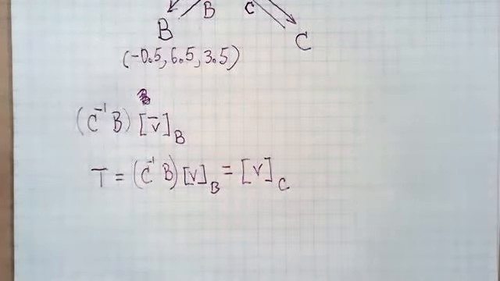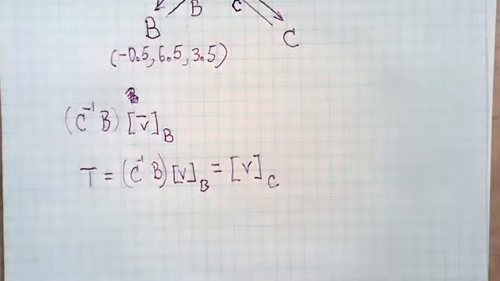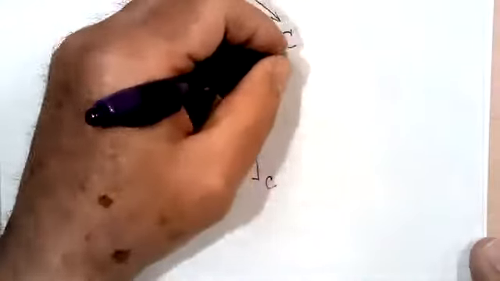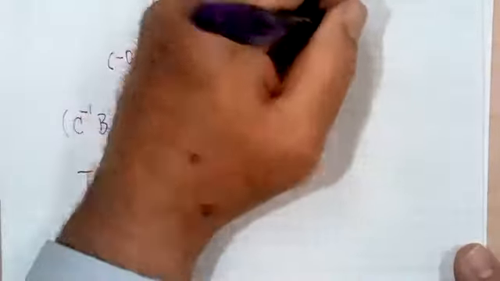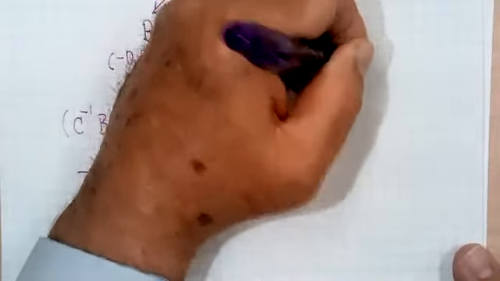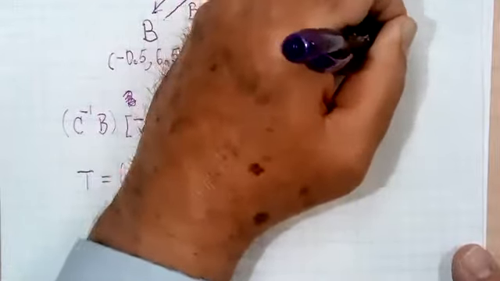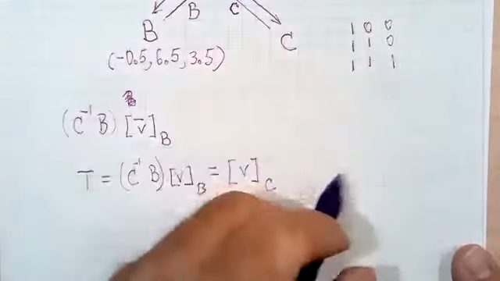And since I'm off the notes by now, there is really no reason I shouldn't just do this. Let's take another basis here. I'm going to construct one that I know in an instant is a perfectly good basis. 1, 1, 1, 0, 1, 1, 0, 0, 1. Perfectly good basis.